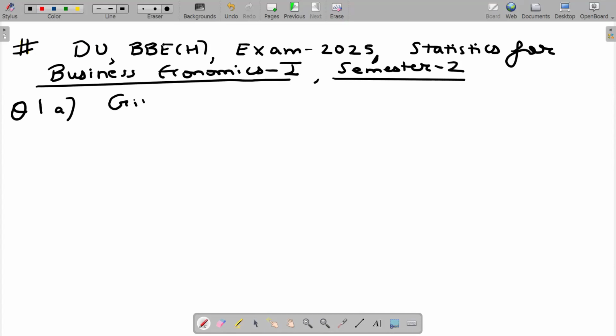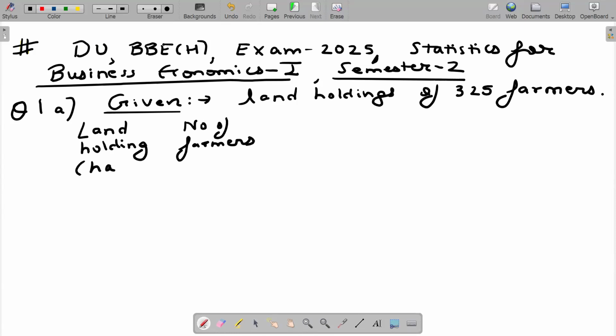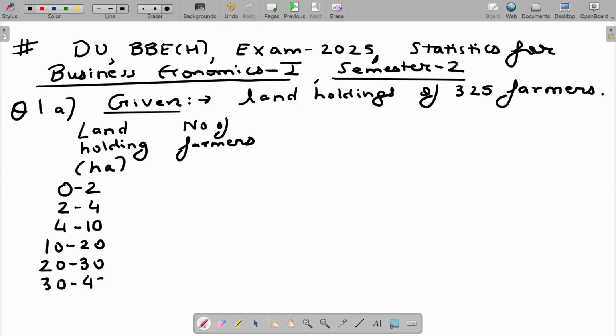We look at question 1, part A. We are given land holdings in hectares and the number of farmers. The land holdings are 0 to 2, 2 to 4, 4 to 10, 10 to 20, 20 to 30, and 30 to 42.